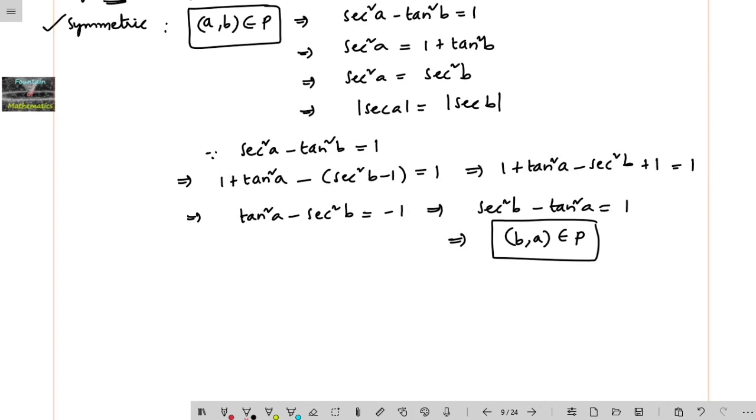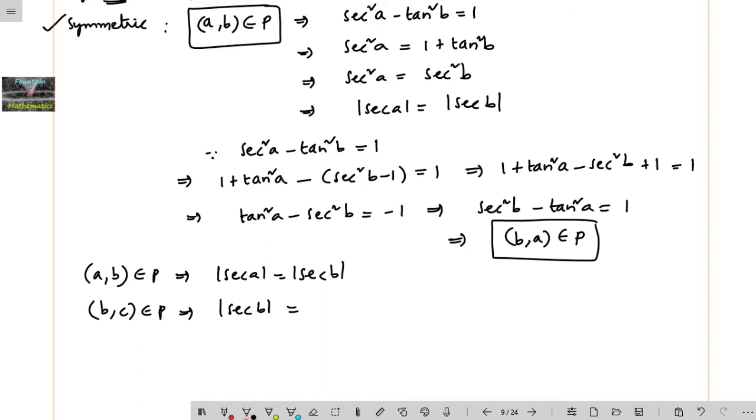And now if A comma B belongs to P, which implies that mod of sec A is equal to mod of sec B, right? And B comma C belongs to P, which implies mod of sec B is equal to mod of sec C. So from this both we can write that mod of secant A is equal to mod of secant C. So which implies that A comma C belongs to P also.